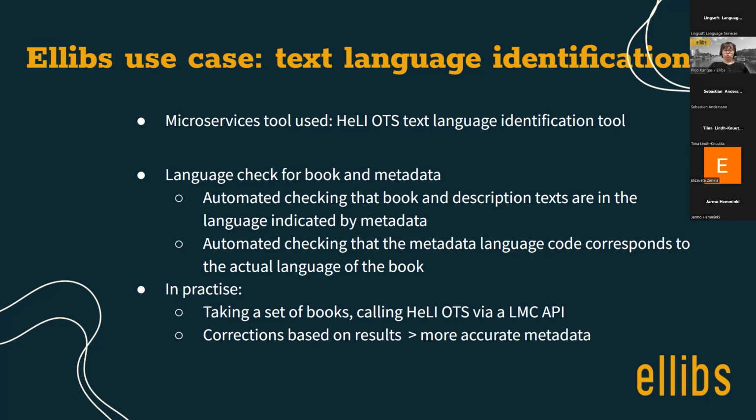In practice, this would mean that we would take a set of books and call HeliOt via the API, and then we make corrections based on the results and get more accurate metadata. And of course, most of the information we have would be correct, but it would be nice to know that the information is correct.